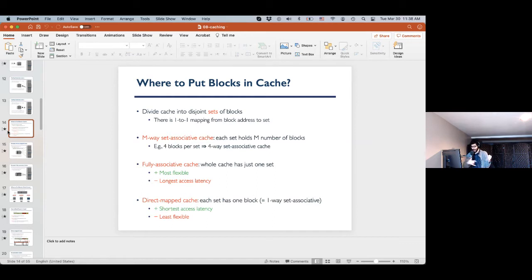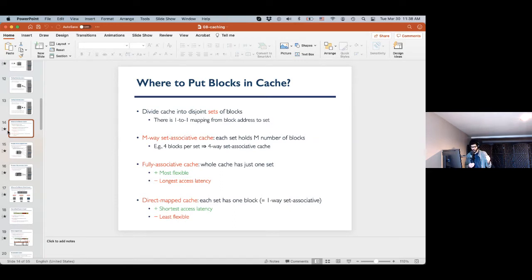Sorry, it's not one-to-one, but what I meant to say was for each memory block, we have a set in the cache that hosts that memory block. And that set doesn't change, right?